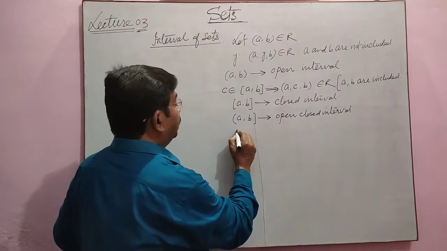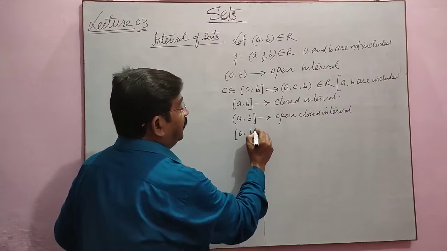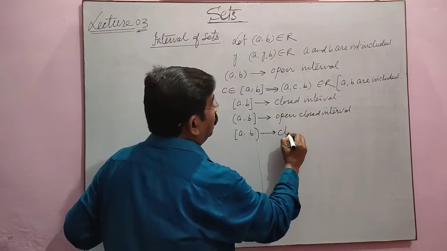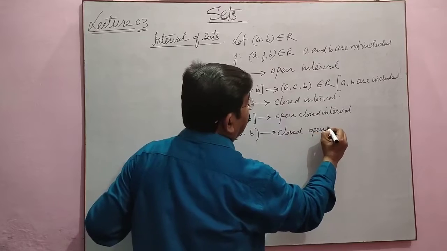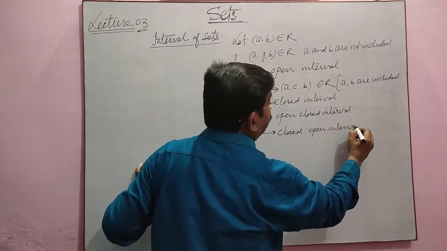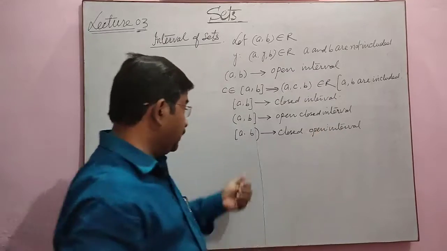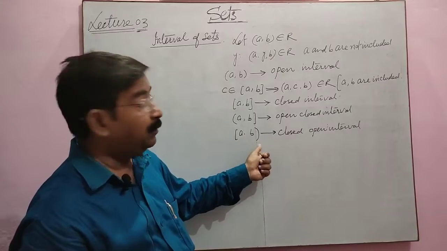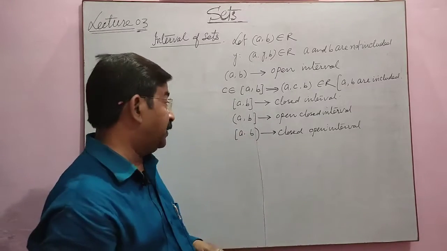If we have [A, B), this is a closed open interval. Closed open interval means here A will be included in counting but B will not be included.